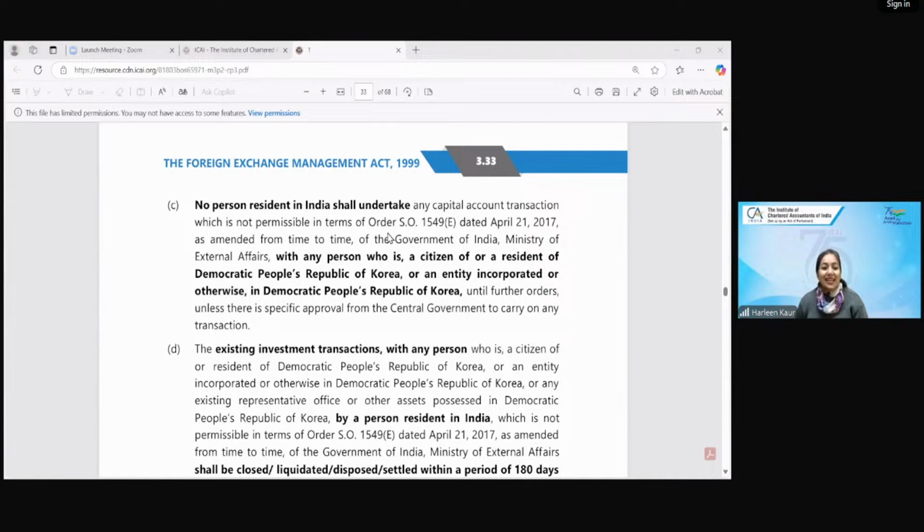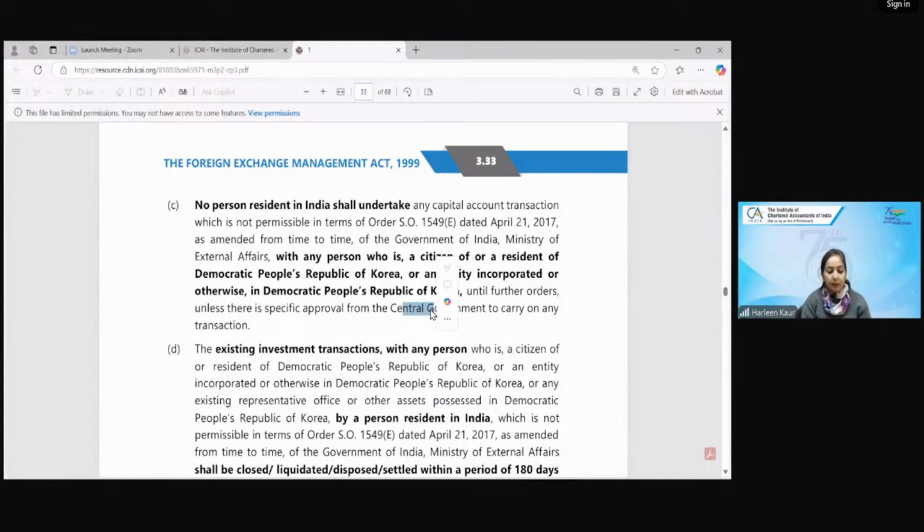Good. So the last point says no person resident in India can undertake any external affairs transaction with a person resident of the Democratic People's Republic of Korea. There are certain transactions which you cannot do with them until the approval of the central government has been taken.